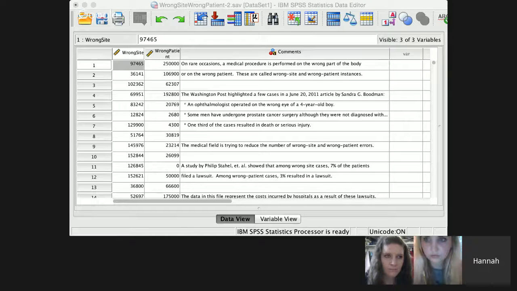In a small percentage of these cases, the patient files a lawsuit against the hospital. Philip Stahel conducted a study on these mistakes and the lawsuits that followed. So get the data file. Some of the values equal 0, indicating that the hospital won the legal battle. So the first question is: find the mean amount hospitals had to pay in wrong site lawsuits. Round your answer to the nearest whole dollar.